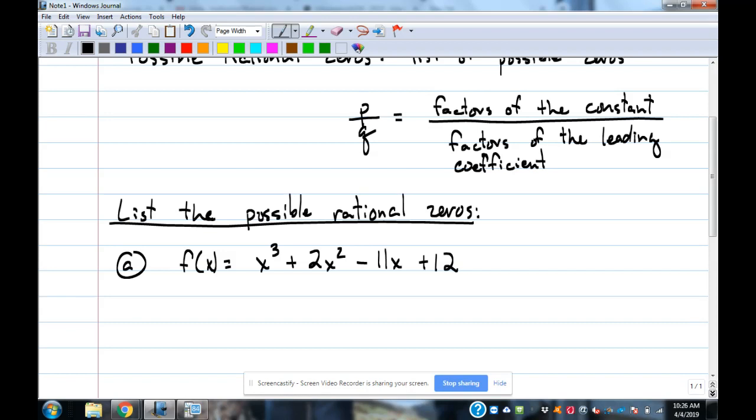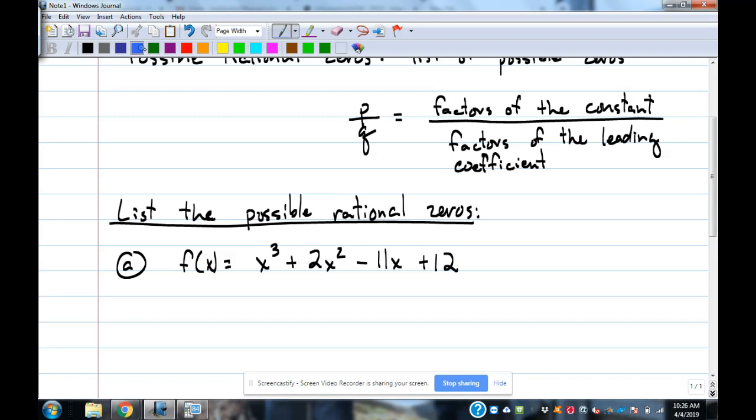If something doesn't vary, it's constant. Okay, so the 12 is the constant. The leading coefficient, where do you think that is? Front, leading, right? It's in descending order. What's in front? 1 in front of the x cubed. So the leading coefficient is 1. The constant is 12. So that's what we're dealing with here.